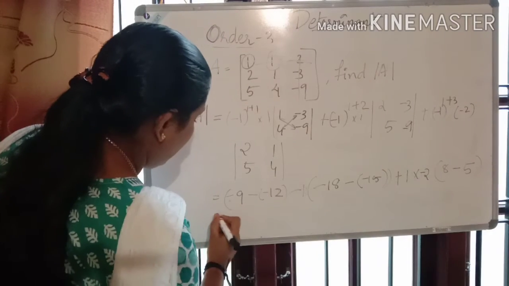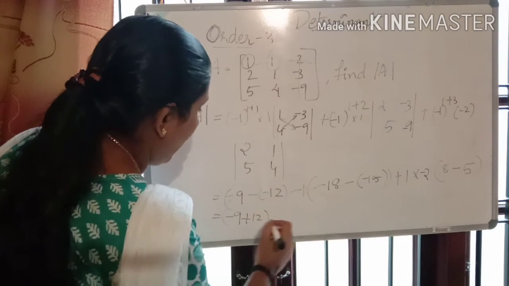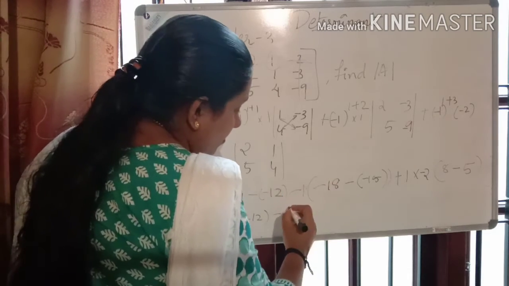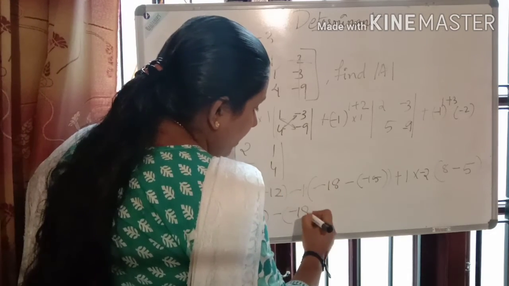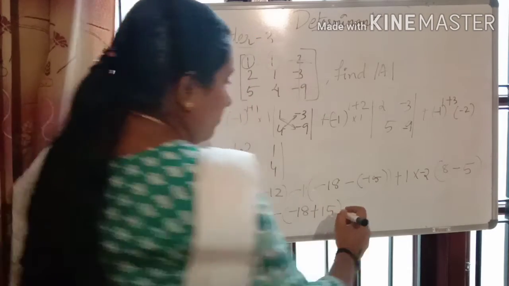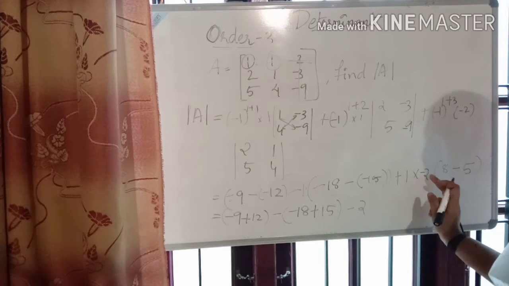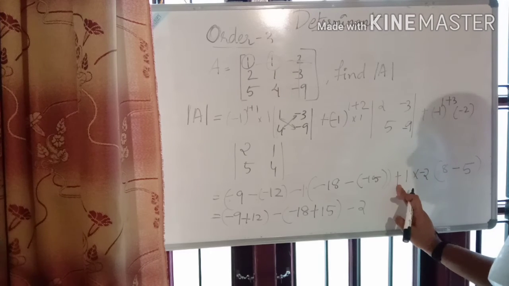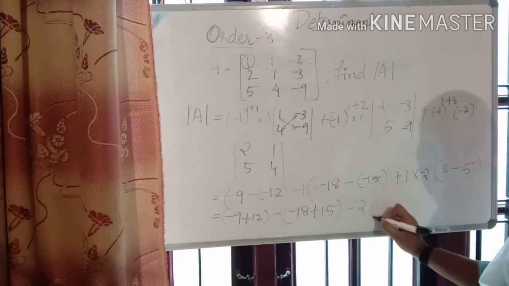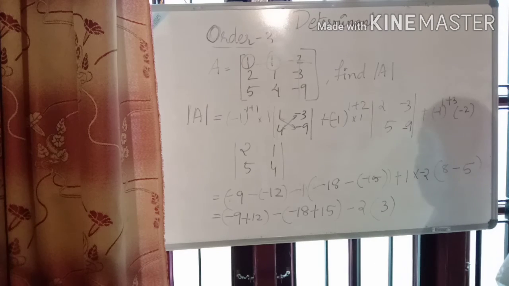Here we'll get the answer as minus 9 plus 12, minus into minus plus 18, minus into minus plus 15. Here minus 2 into 3, that is 8 minus 5, that is 3.